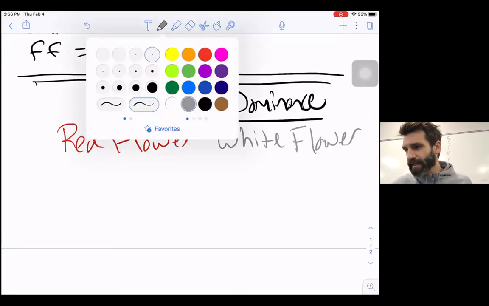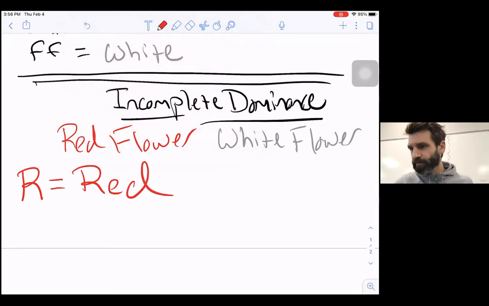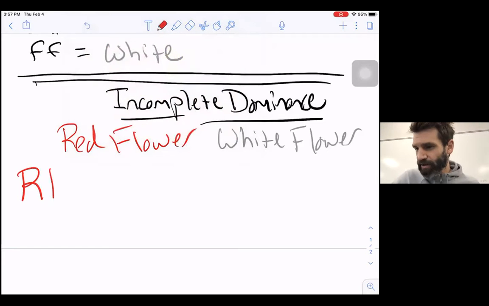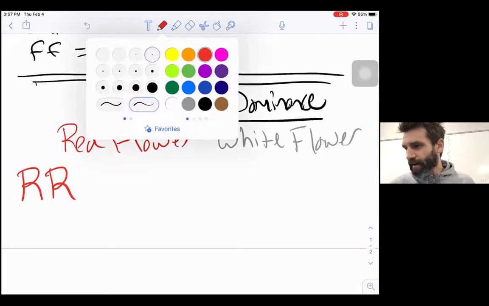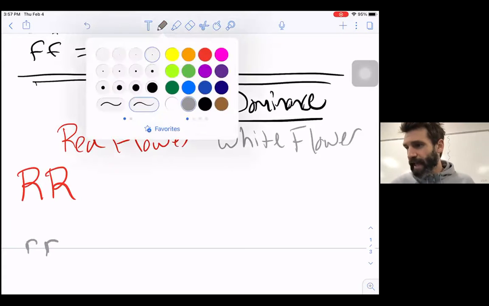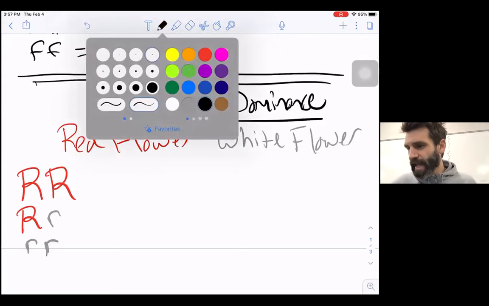Let's say that capital R gives you red, and, well, actually, let's back it up just a little bit. Let's say there are three possible genotypes: big R big R, big R little r, and little r little r.